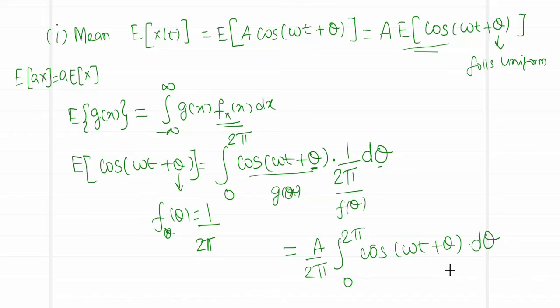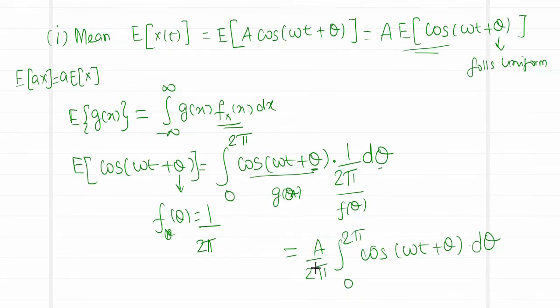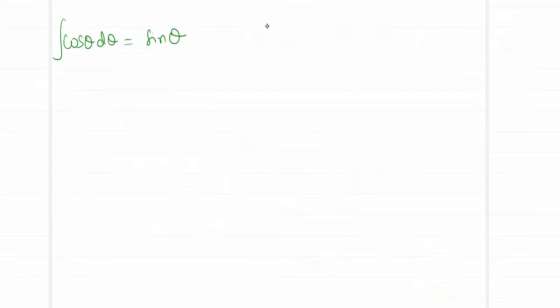Let me take it outside, and the integration has to be done with respect to theta. We need to recollect what the integral of cos theta is. We know that the integral of cos theta d theta is equal to sin theta. So the integral is going to be sine of omega t plus theta. Let us resubstitute it over here.